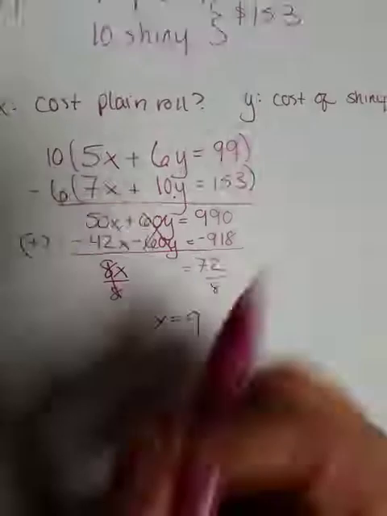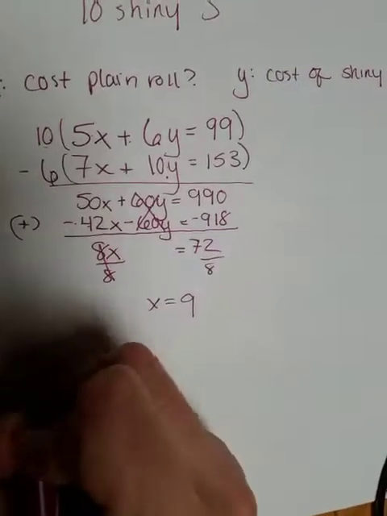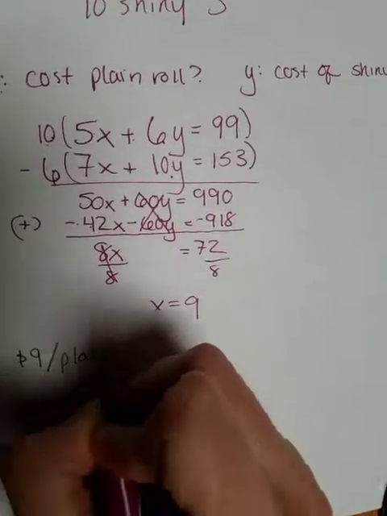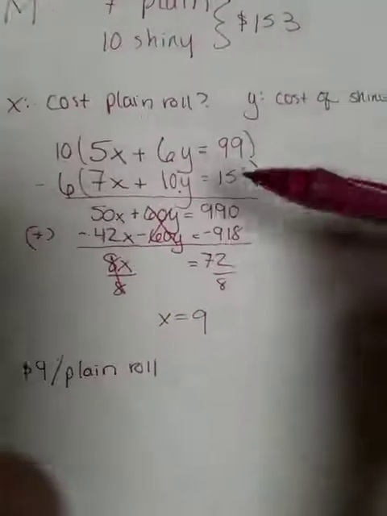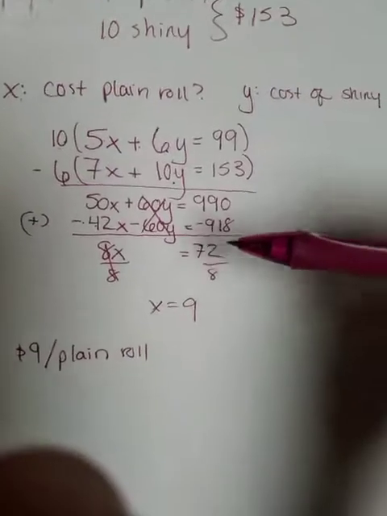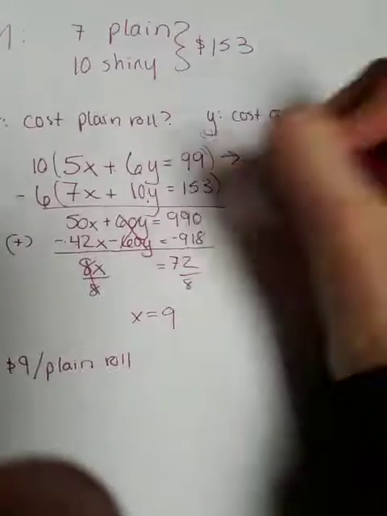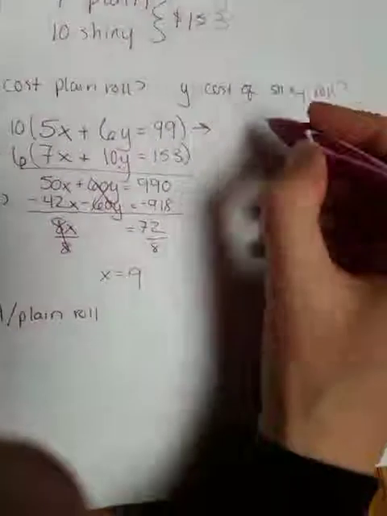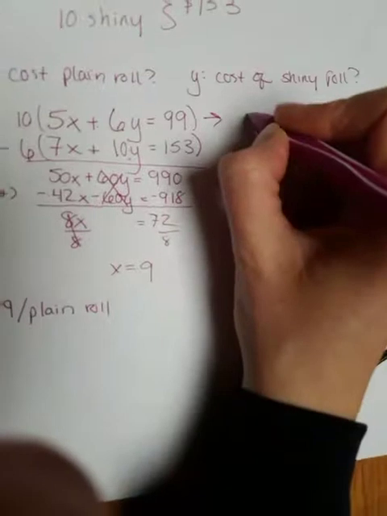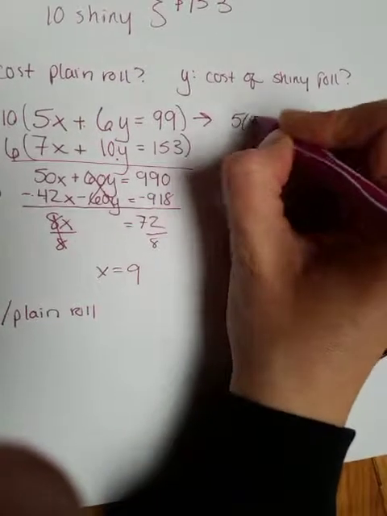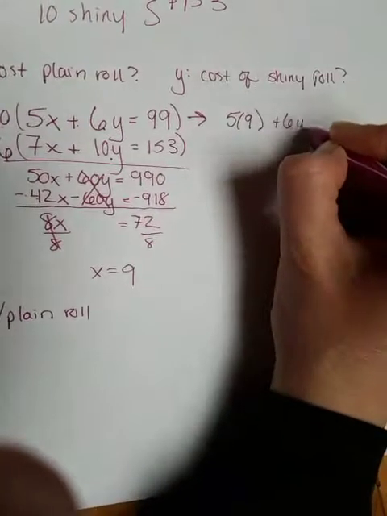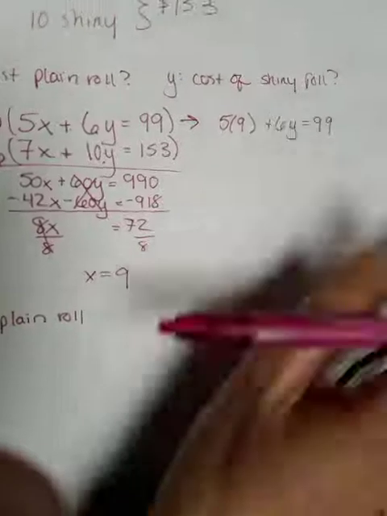X was the plain roll, so that means it's $9 per plain roll of paper. Now I've got to figure out the shiny one. Remember, you do not have to go through this again to find the other variable. You just pick one of the two equations. I'm going to pick the first equation because it doesn't look as bad. So I'm putting 9 in for x. So I have 5 times 9 plus 6y equals 99.